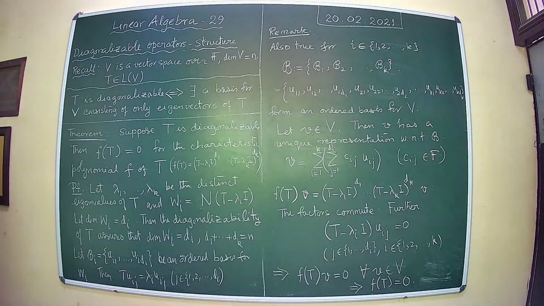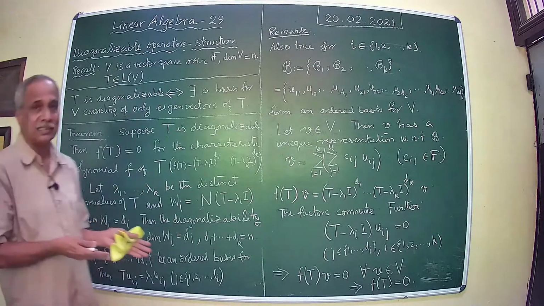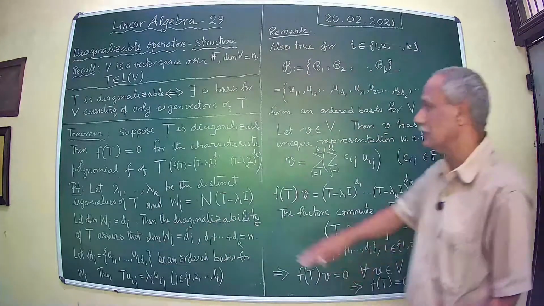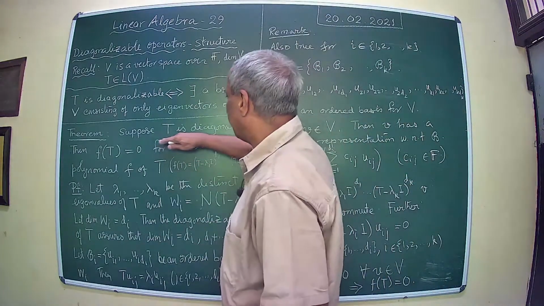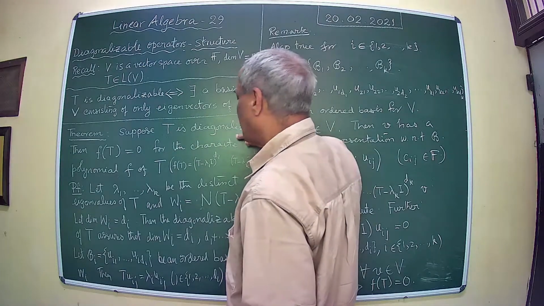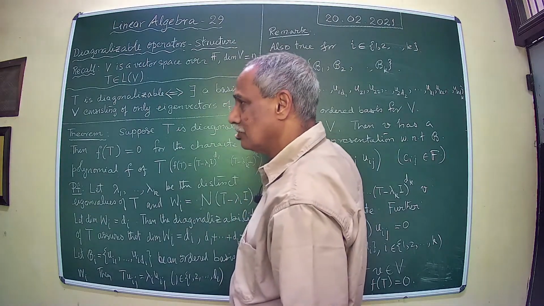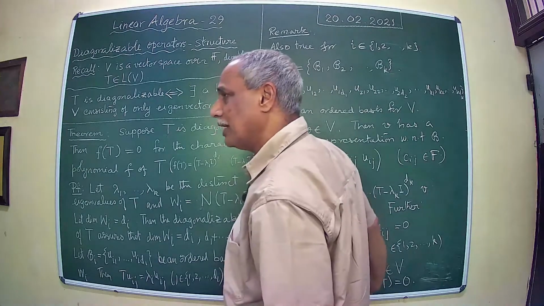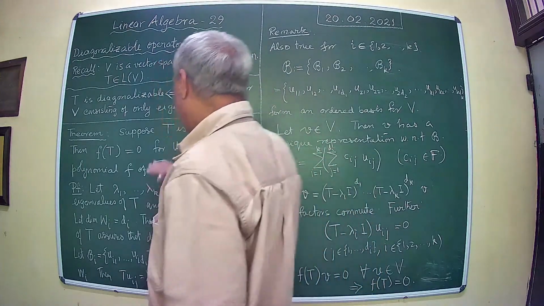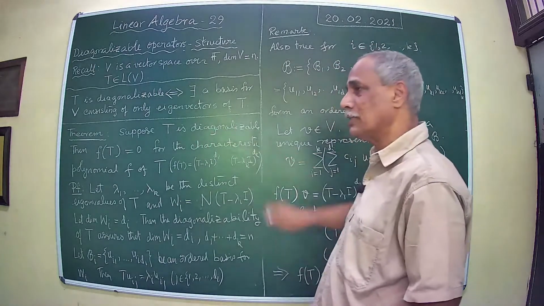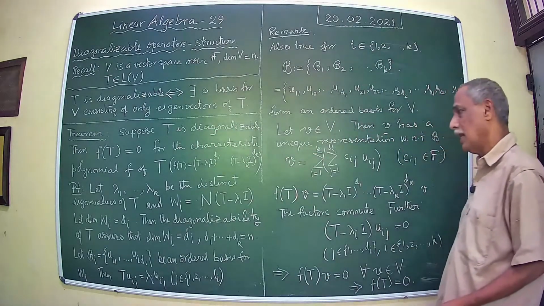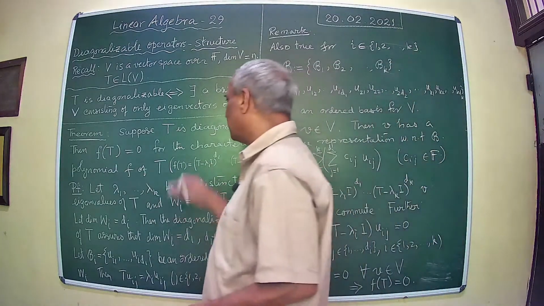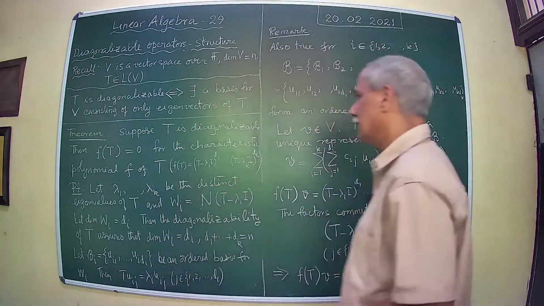In fact, a much more general result is valid, which we are going to prove soon, because this assumption that T is diagonalizable is redundant. Of course, the particular proof that we have given here makes use of the diagonalizability of T. However, one can prove the same theorem without any assumption that T is diagonalizable.